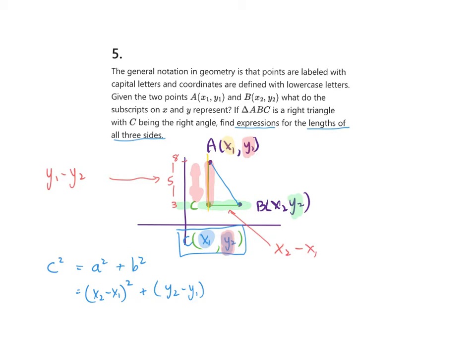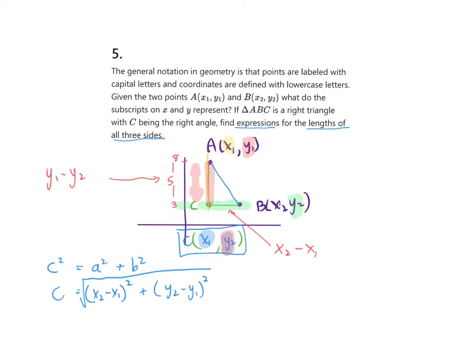That would actually make it negative, but since we're squaring it, it doesn't matter. Okay, that's c squared. And now we can take the square root of both sides. So let me do that by just drawing this square root sign there. This is the expression for all three sides.